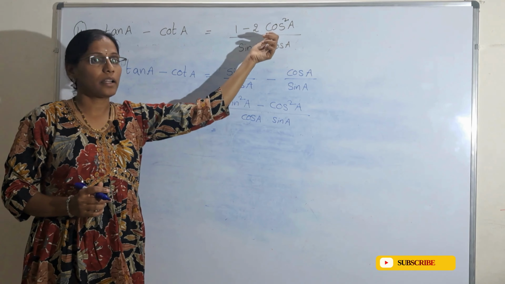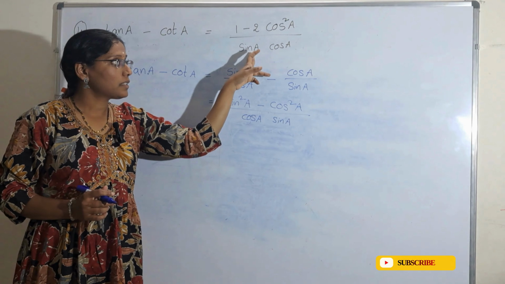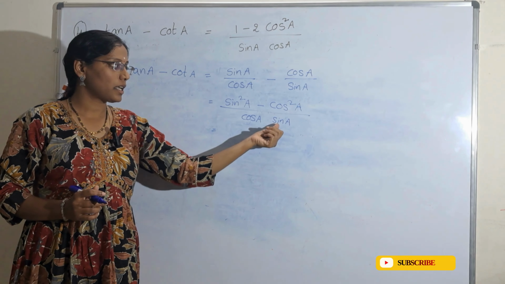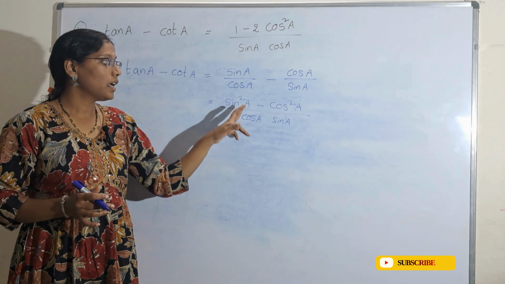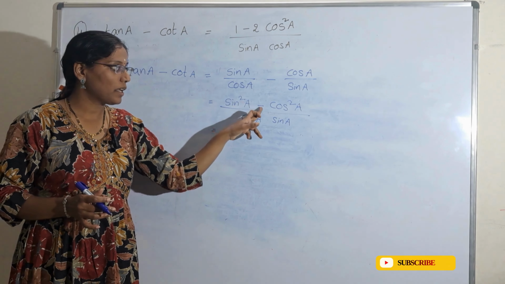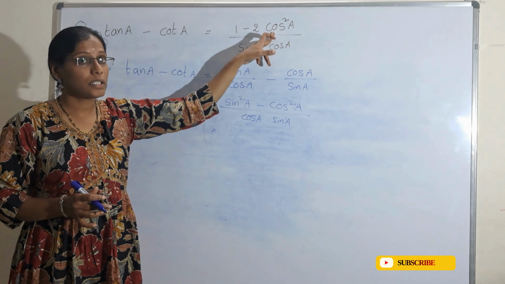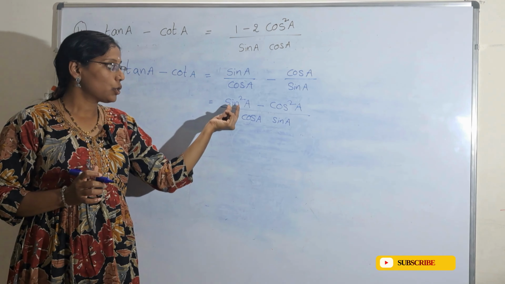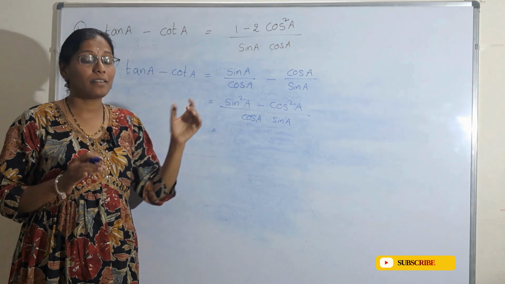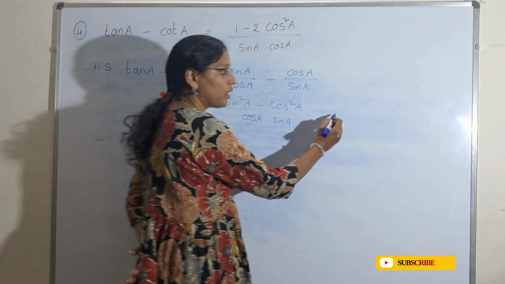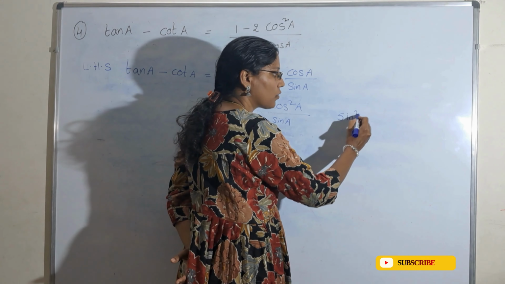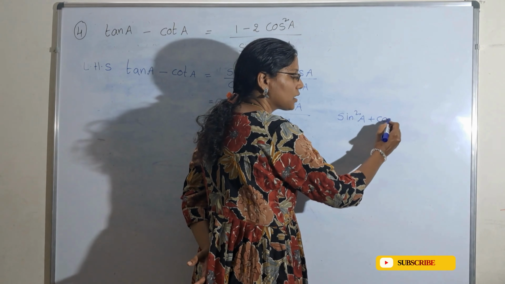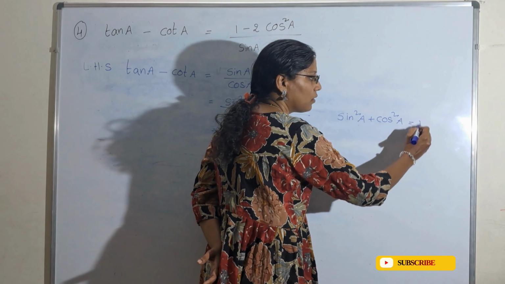Now you have to see the RHS. Here the denominator is sin A into cos A, no change. Next, the numerator is sin square A minus cos square A, but our answer has only cos square A. So you should change sin square A in terms of cos. What formula can we use here? Sin square A plus cos square A is equal to 1.